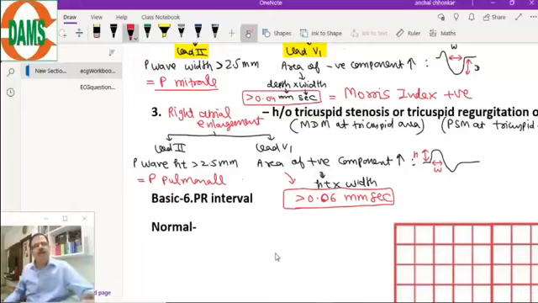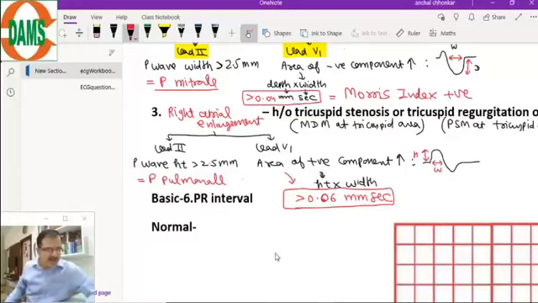Now come to the next portion of the ECG, and the next portion of the ECG is the PR interval. How does stenosis cause enlargement? If the blood flow outlet is stenosed, like mitral stenosis or tricuspid stenosis, that chamber will enlarge.